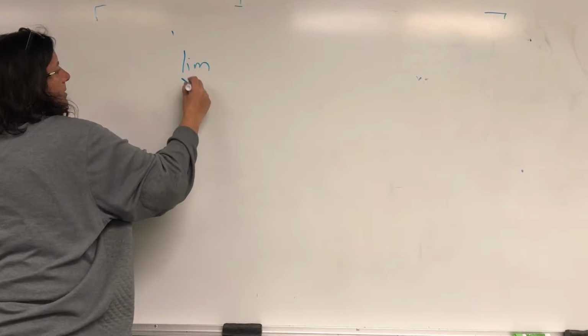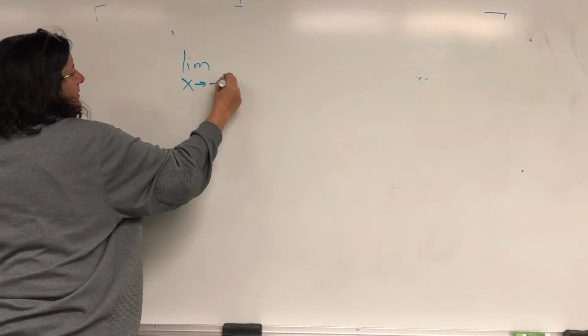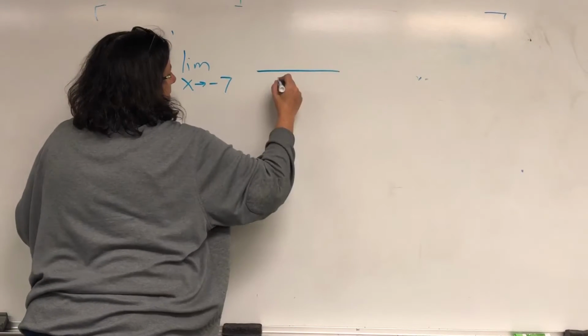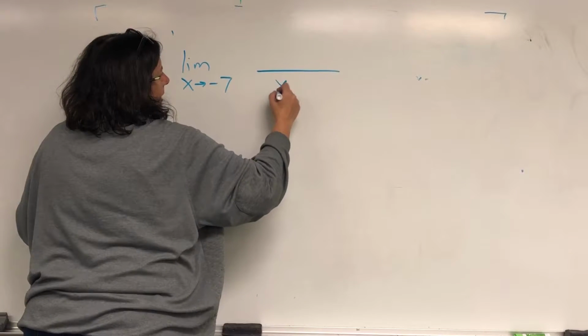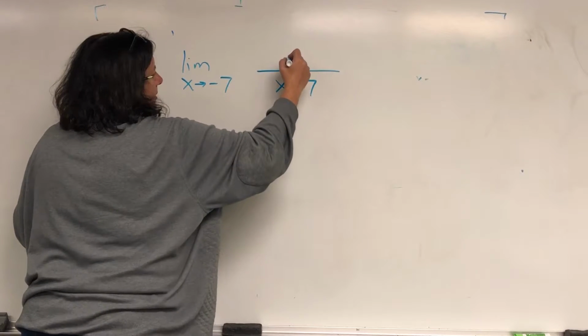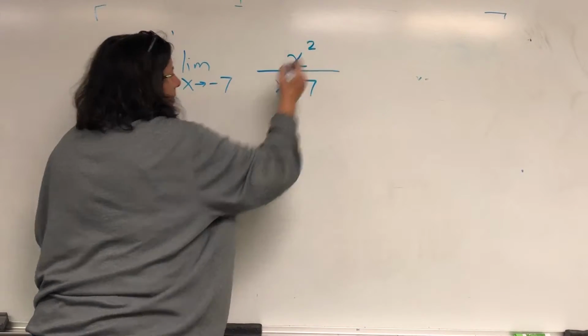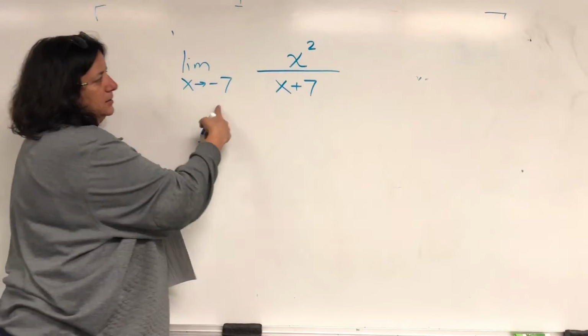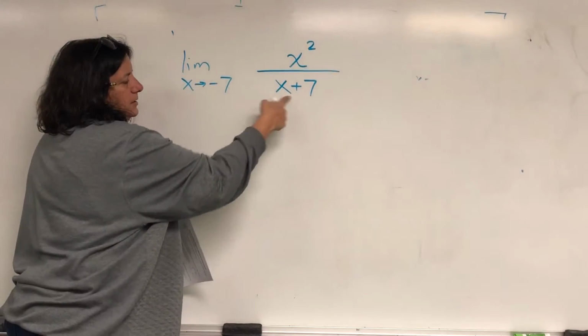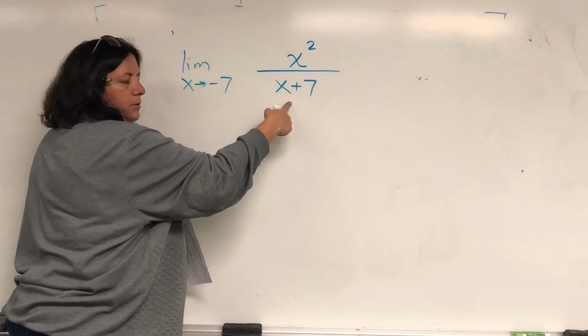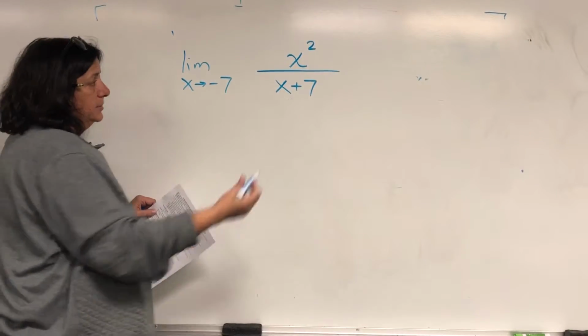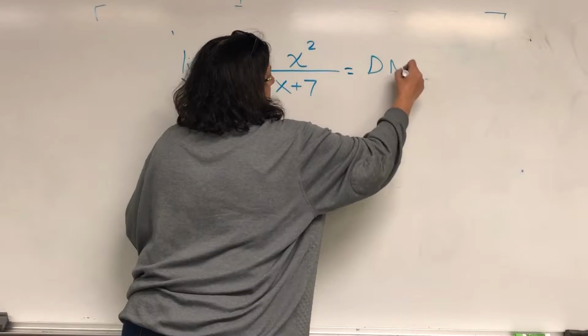So the limit as x approaches negative 7 of (x plus 7) over x squared does not exist, because if I put negative 7 into this equation, I get 49 over 0. That's a vertical asymptote, does not exist.